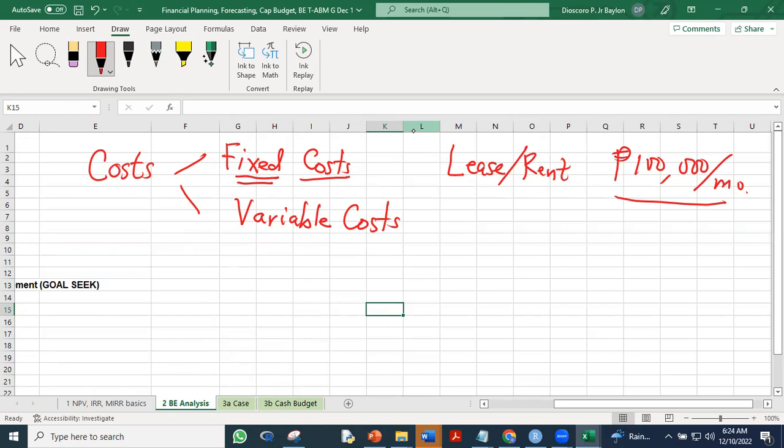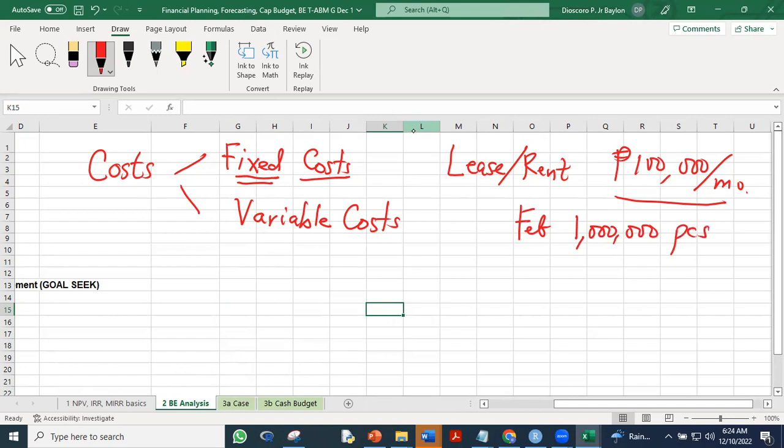So let's say a company is into making chocolates. There are certain months of the year where the demand for the chocolates could be very, very high. Let's say February, the company was producing, just to give an example, 1 million pieces of chocolate.